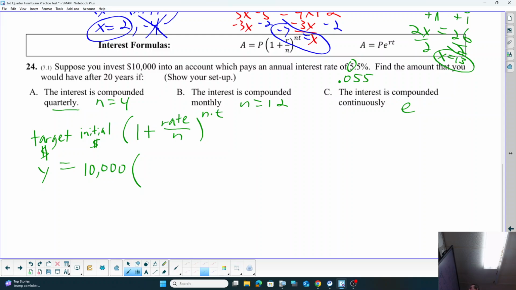Right? Remember how to do this? Back to unit 7. So n times t. So that's going to be 1 plus our rate, which is 0.055, divided by our number of compounds, to the number of compounds times the number of years, and that's after 20 years.